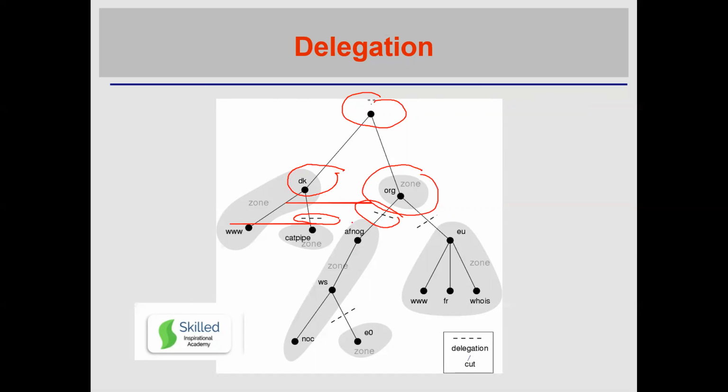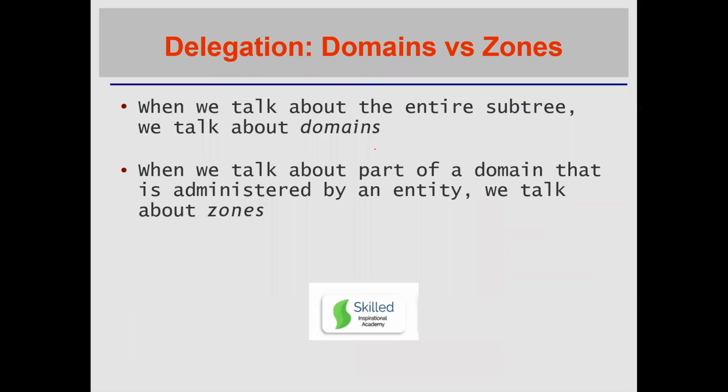Like I have delegated dk duties to this one, and I've delegated organization duty to this one. That is called different domains and zones. So I have segregated duties to different domains and zones.